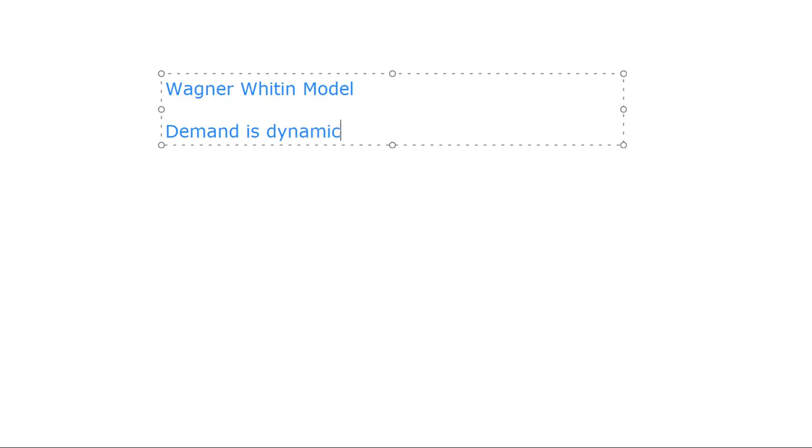Let me clarify the difference between dynamic and probabilistic. Dynamic means that the demand is deterministic, but is different in different months. So demand is lumpy. The first month, the demand could be 10, second month it could be 100, and in the third month it could be 50, and so on.